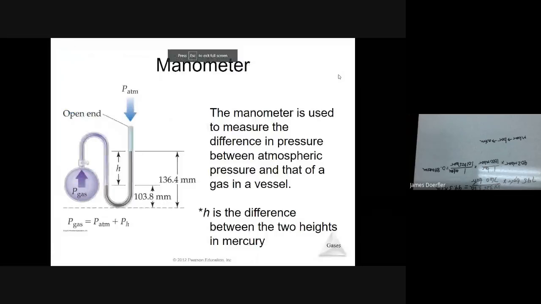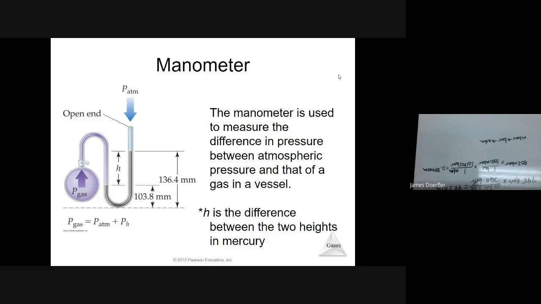All right. The next thing I want to talk to you about is a manometer. A manometer is used to measure the difference in pressure between atmospheric pressure and that of a gas within a vessel. So you have this simple setup here, where you have a container with gas connected to what's called a U-tube, not the video service.